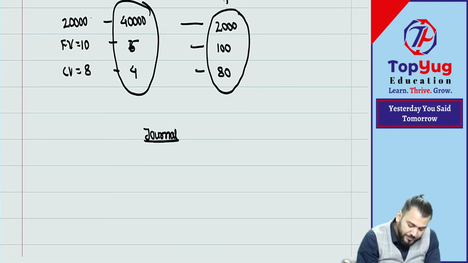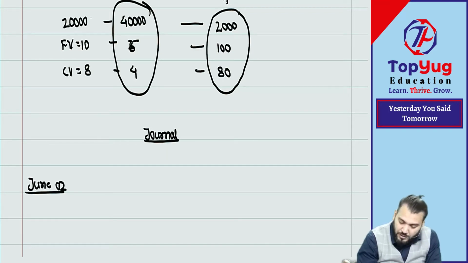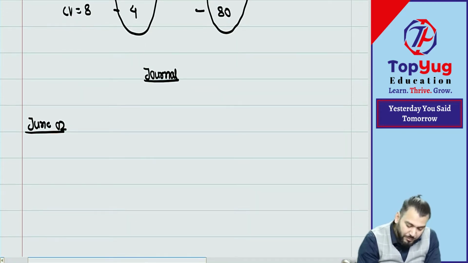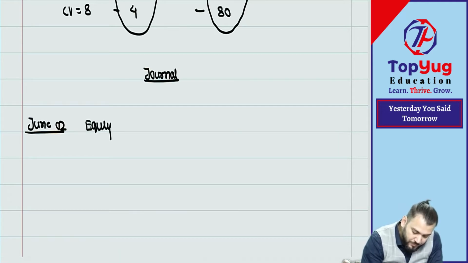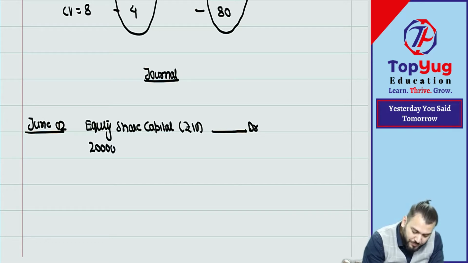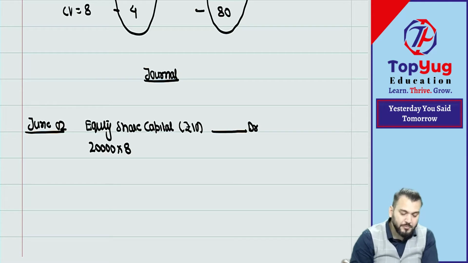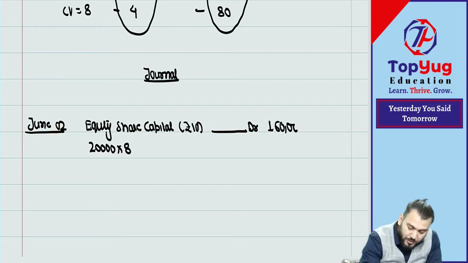So what will be the journal entry in June 2002? Equity share capital of rupees 10 account debit. So how many shares? 20,000 into 8, that means 1,60,000.